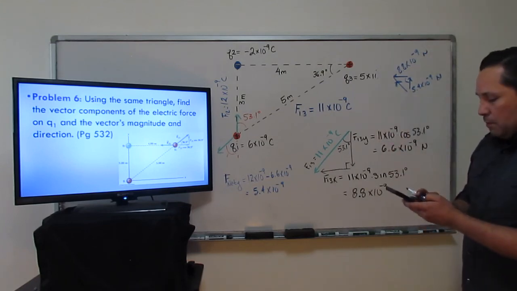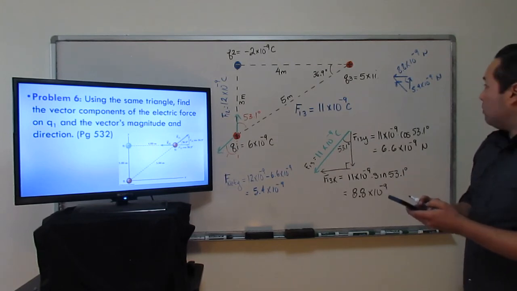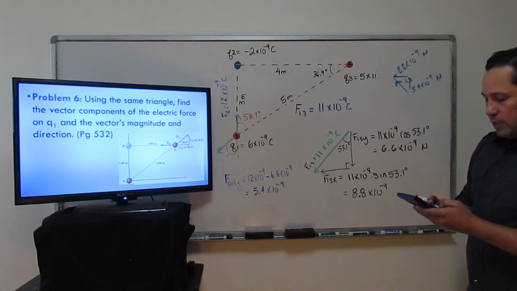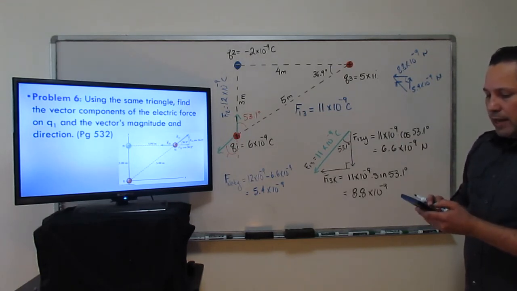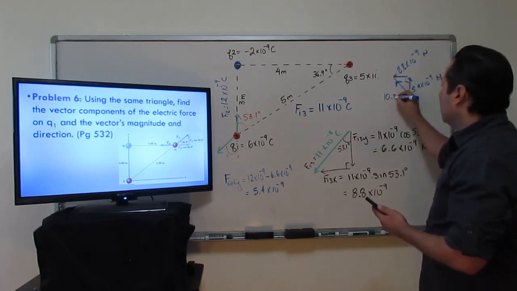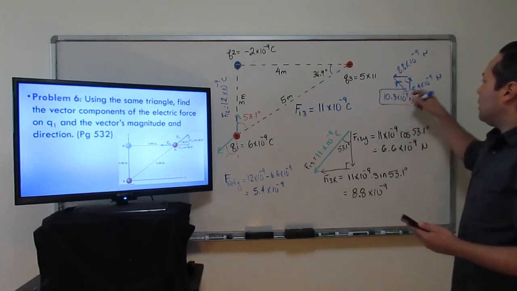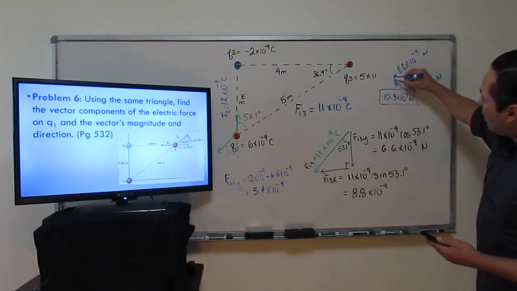So it's going to be 8.8 times 10 to the negative 9 squared plus 5.4 times 10 to the negative 9 squared. And the square root of that answer is going to give us 10.3 times 10 to the negative 9 newtons. And that would be our hypotenuse right there.